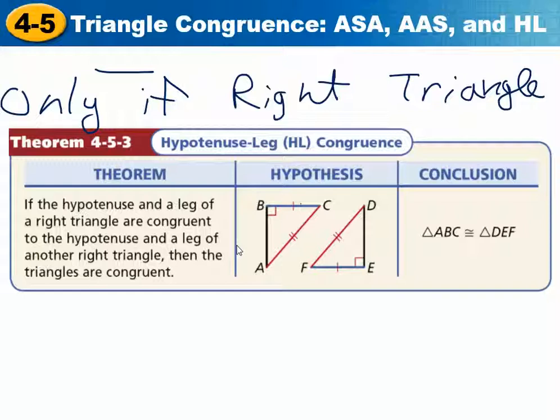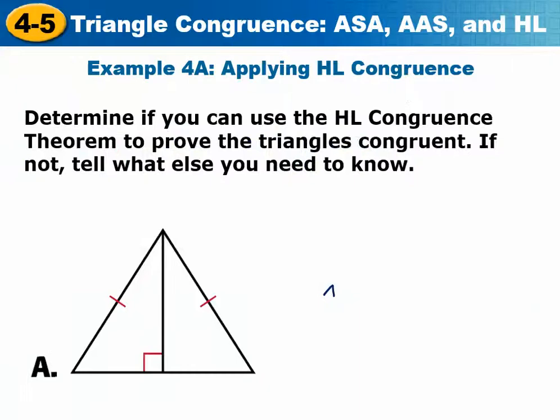All right, so it says that if you know the hypotenuse and a leg, then the triangles are congruent. Because if you just had two legs, let's pretend like we didn't know the hypotenuse, this is a side angle side. It's not hypotenuse leg. Every time you have a right triangle does not mean to use HL. If you know both legs and a right angle is between them, then you would use side angle side.